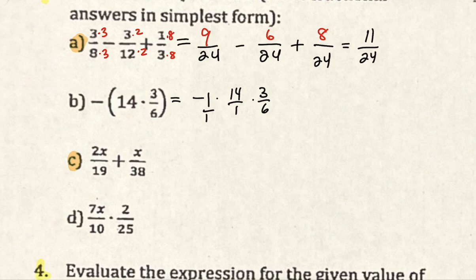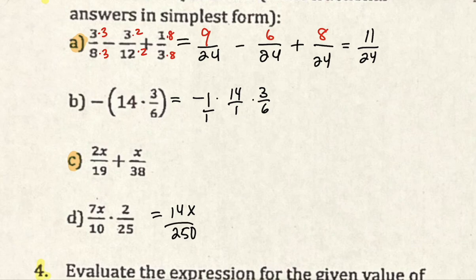You can just multiply tops with tops and bottoms with bottoms and then reduce. But if you see like 14 and 6 are both divisible by 2, you can reduce it first and then multiply the remaining tops and bottoms. That's okay too. Okay. But I want to do D with you now so that we can just talk about those things. Now you can just multiply and get 14x over 250. That's an option. Okay.